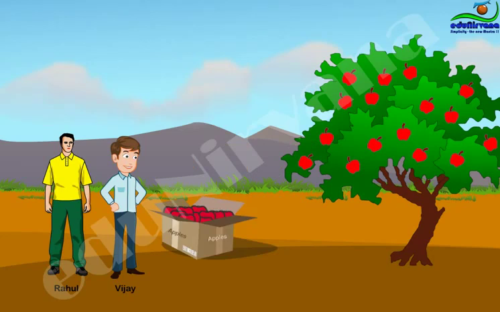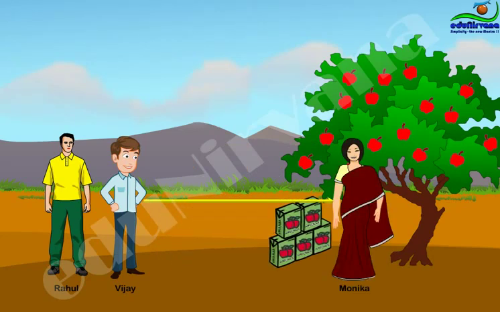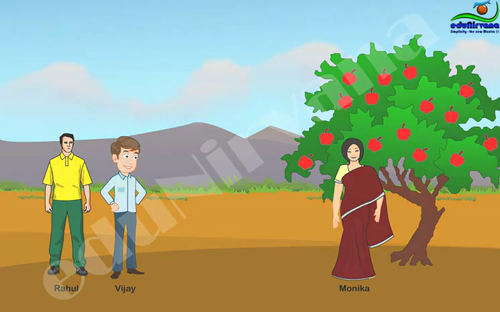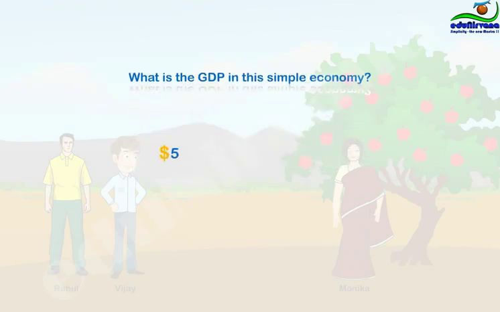Vijay turns the apples into apple juice and sells the apple juice to Monica for $10. Monica consumes the juice. What is the GDP in this simple economy? Is it $5? Is it $13? Is it $10? $18 or some other dollar amount?